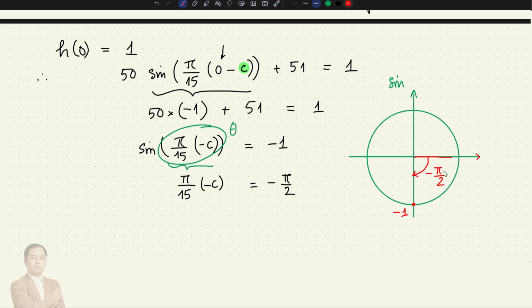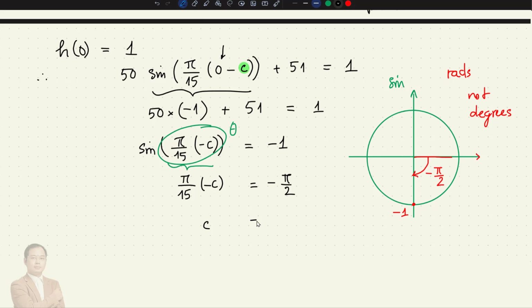One more thing: in the trigonometry topic in Math AA, we always use radians for the angle, not degrees. So the solution of this equation is theta equal to minus pi over 2.